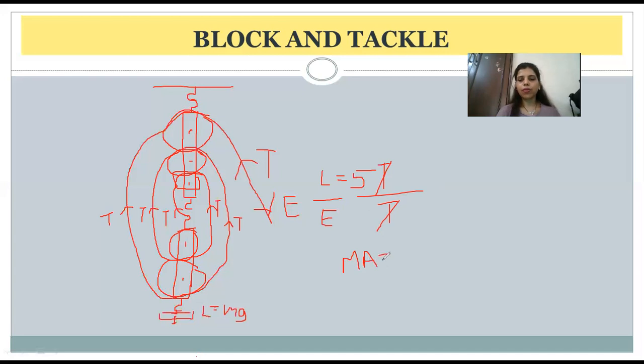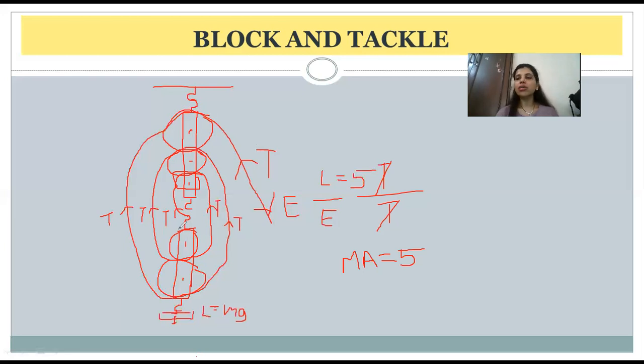So if it is asked, draw the block and tackle arrangement if the MA is 5, you have to understand that you have to select the number of pulleys in the block as the same number as the MA. So when you are selecting the tackle, the upper tackle should have 3 and the lower tackle should have 2.